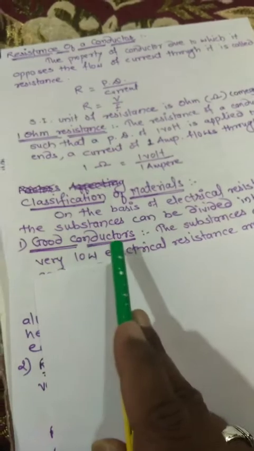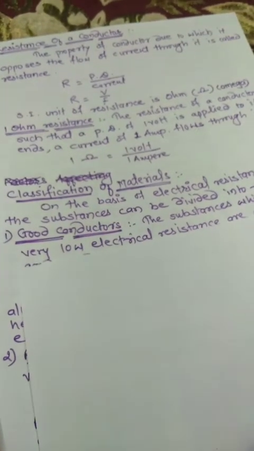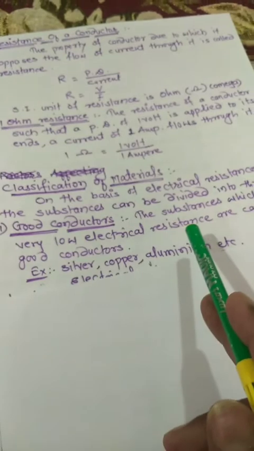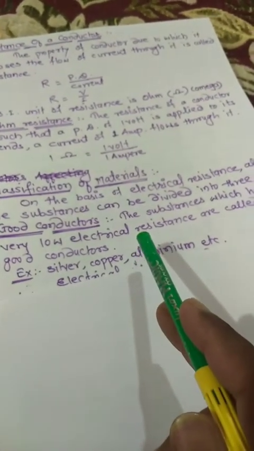First is good conductors. What is the meaning of good conductors? The substances which have very low electrical resistance are called good conductors.